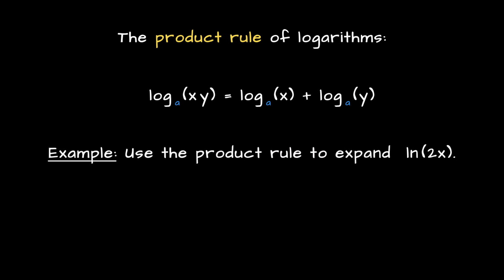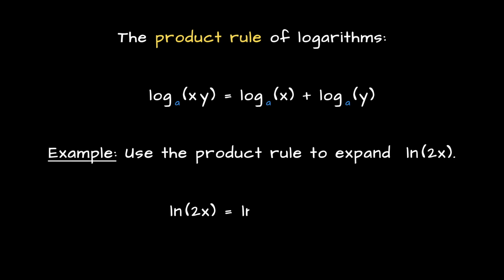Once again, let's check our understanding of this rule by considering a simple example. See if you can use the product rule to expand the expression natural log of 2x. Here it's quite straightforward. The natural log, which is just the logarithm with base e, of 2x can, by the product rule, be rewritten as the natural log of 2 plus the natural log of x.